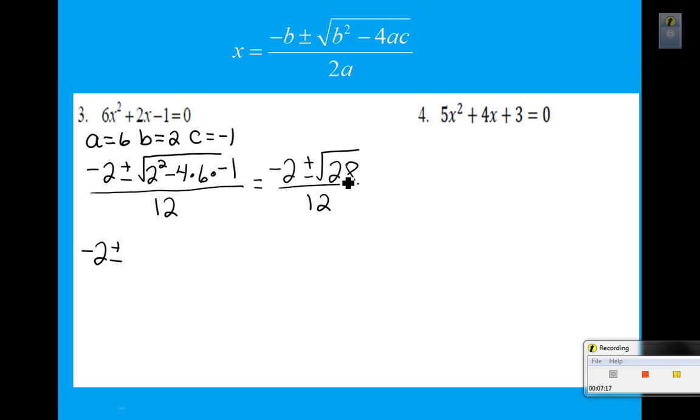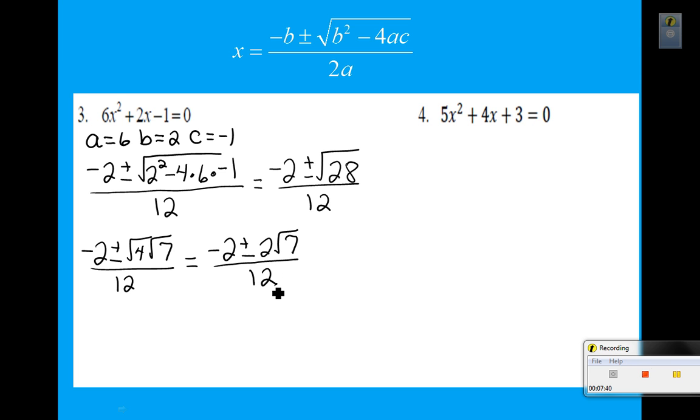So I'm going to think of 28 as the square root of 4 times the square root of 7. Now when I do this, I now have negative 2 plus or minus, another name for the square root of 4 is 2, radical 7 all over 12.